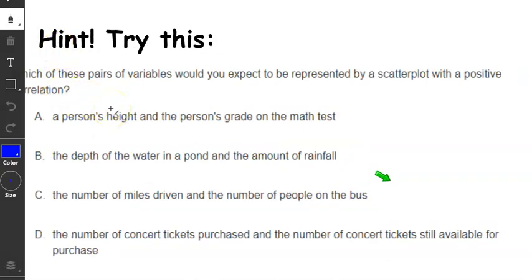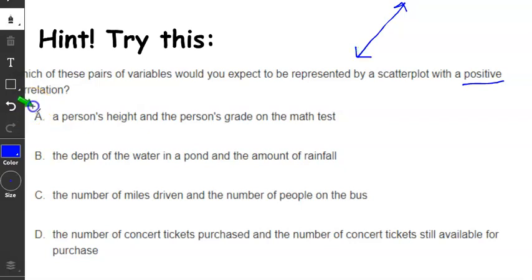Which of these pairs of variables, now notice there's no graph, just information, would you expect to be represented by a scatter plot with a positive correlation? That means when you graph your points, you put a circle and you put the line of best fit through the majority of the points, and it's going to go up and to the right. So a person's height and the person's grade on the math test, do those have anything to do with each other?